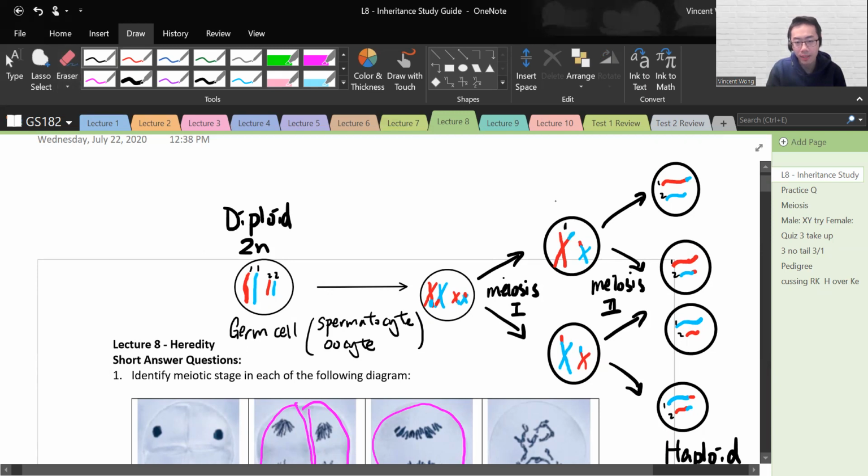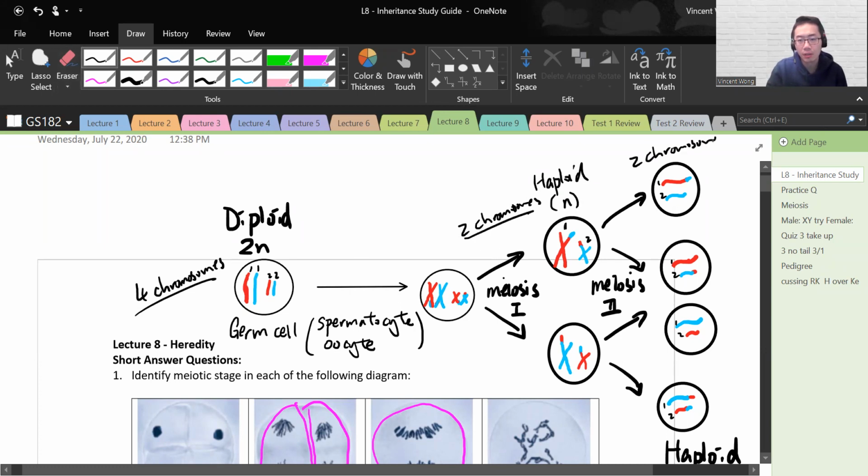It's not 1, 1, it's 1, because they're stuck together, and then chromosome 2. So here, we just have 1 set, so this is still considered haploid. It's 1n. So we started with 4 chromosomes, and then this is going to be 2 chromosomes. And after they split, it is still 2 chromosomes.